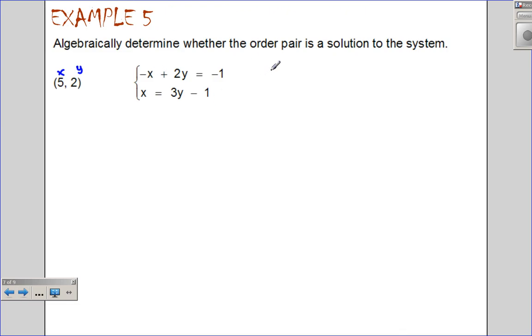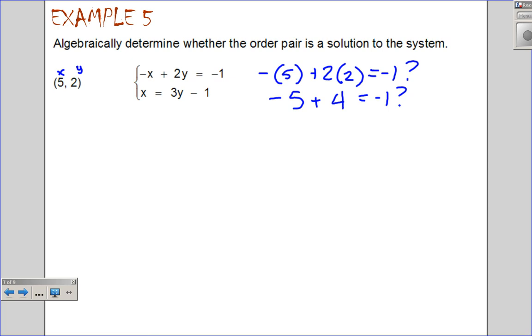So I have negative x, which is 5, plus 2 times 2. Does that equal negative 1? Well, negative 5 plus 4 equals negative 1. Negative 5 plus 4 is negative 1. Does negative 1 equal negative 1? So I'm happy. So let's try the second one.